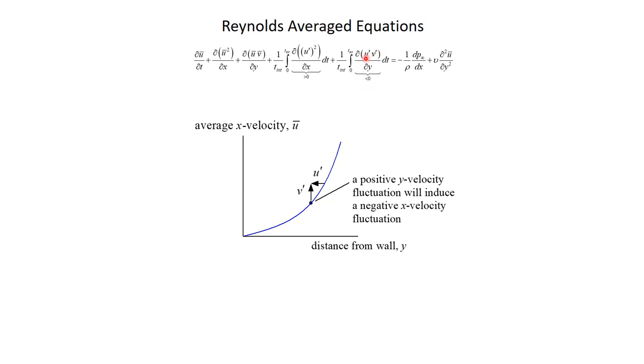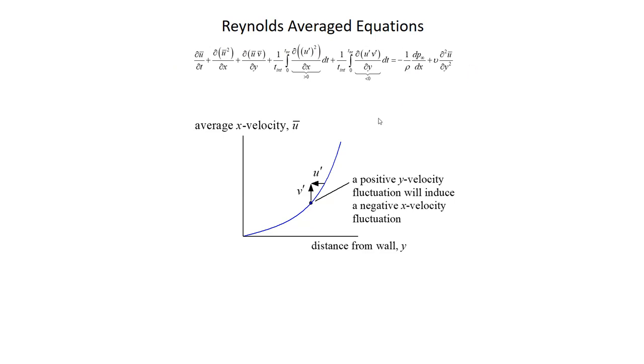It tends to be negative more than it is positive, and therefore it does not integrate to zero. So that is a term that we have to keep. We have to keep both of these two terms. And in fact, because we have to keep them, they actually represent the impact of the turbulent fluctuations on the momentum equation, right?